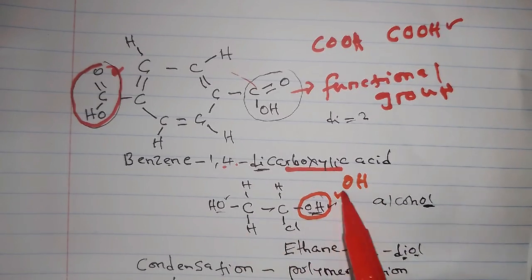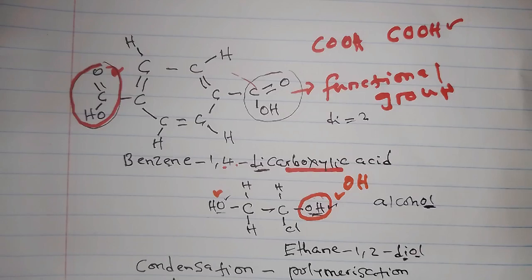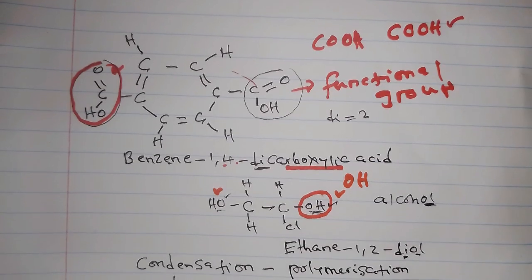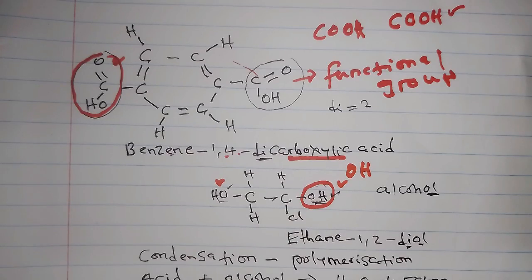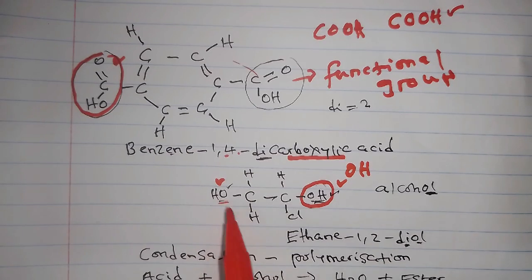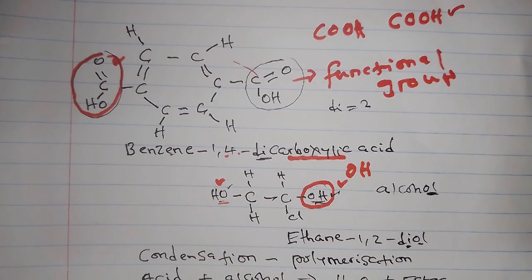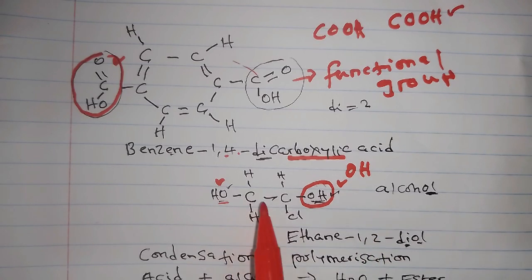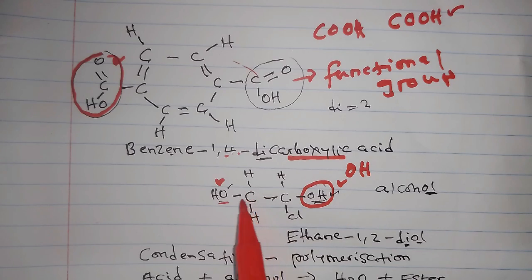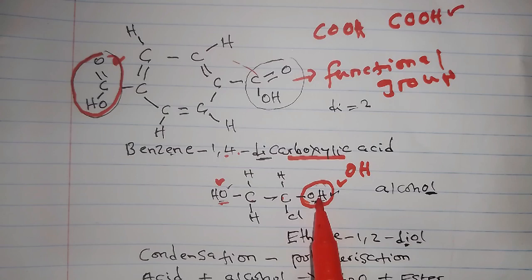So we have this one as well as this one. Once you understand that, you are good to go. Those are the functional groups, and there are two of them. When you count, this is the first carbon, and then on the second carbon you have another OH.